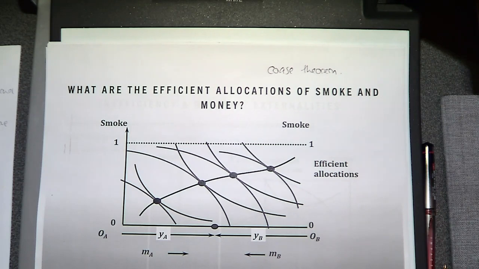Because if agent A, who thinks smoke is a good, gets the rights to pollute, he will want an optimal allocation towards the top of the box. And if we give the rights to pollute to agent B, for whom good X is a bad good, then he will want an allocation closer to the origin, where smoke is 0.